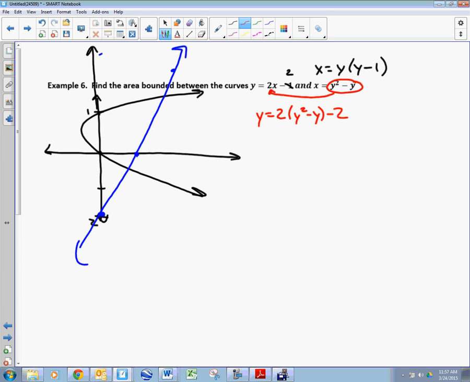And I get, subtract over the y, and I get 0 equals 2y squared minus 3y minus 2. And does it factor?